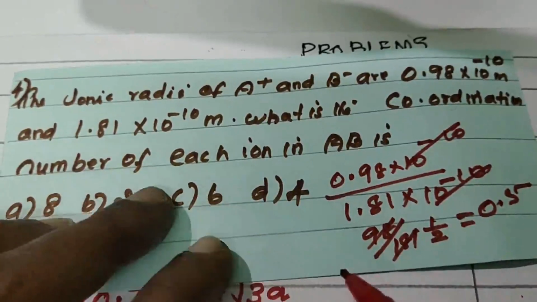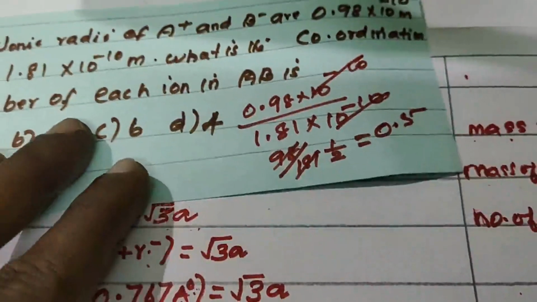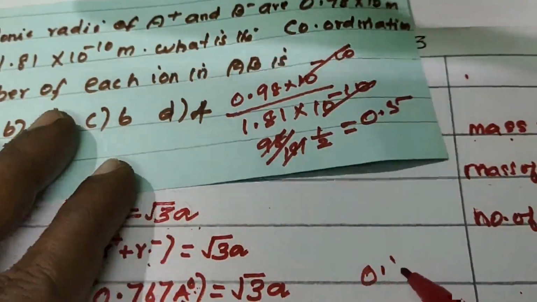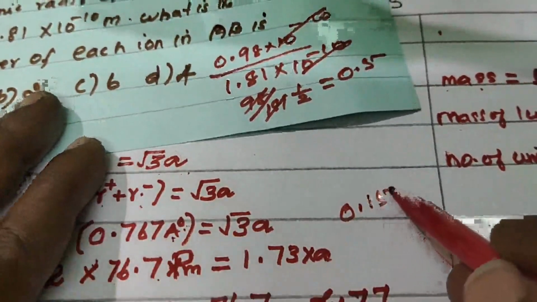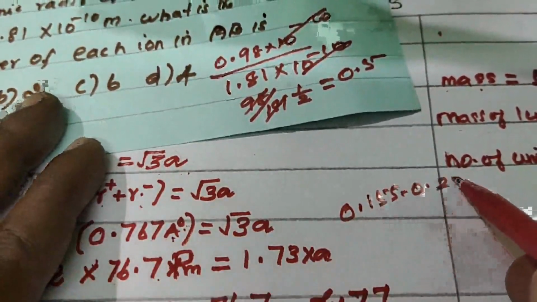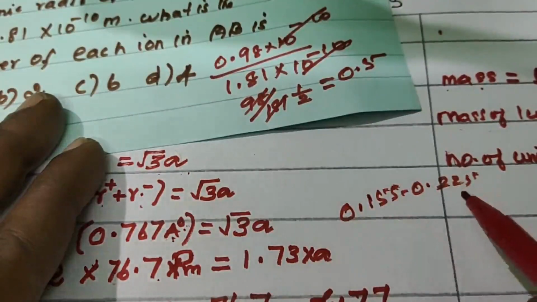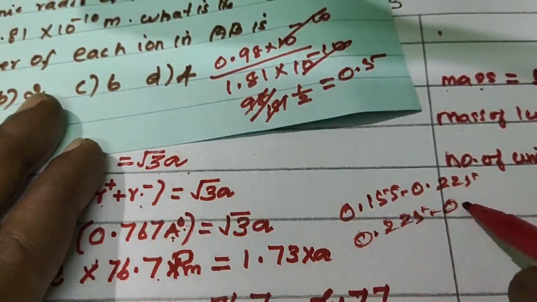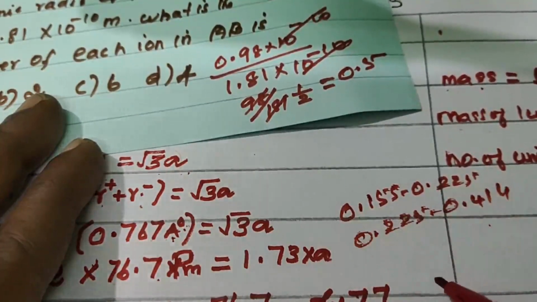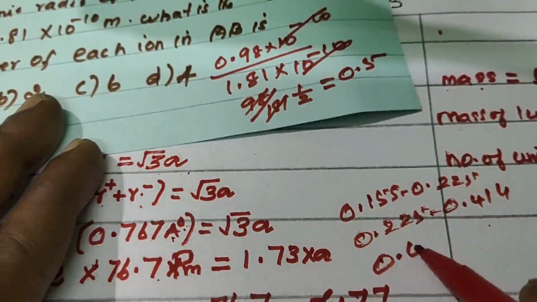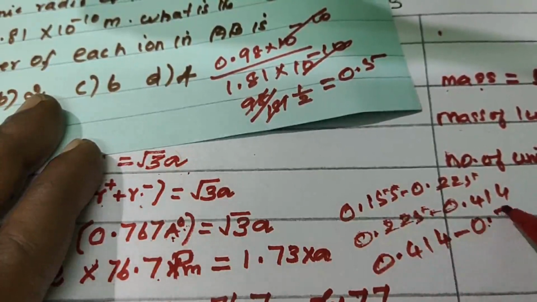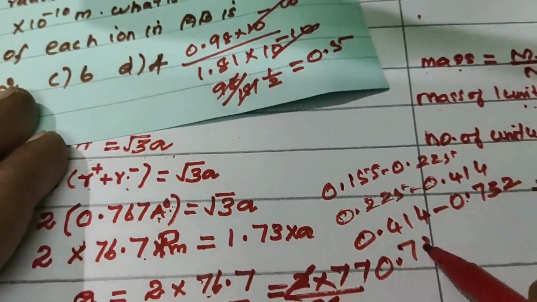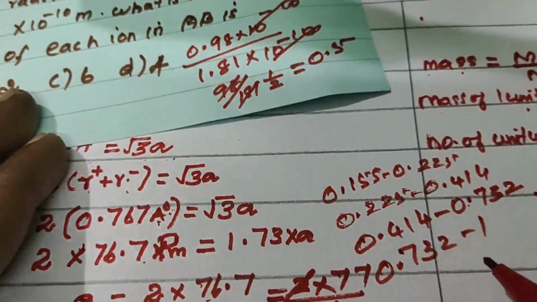Then we know the ranges: 0.155 to 0.225, the coordination number is 3; 0.225 to 0.414, the coordination number is 4; 0.414 to 0.732, coordination number 6; 0.732 to 1, the coordination number is 8.